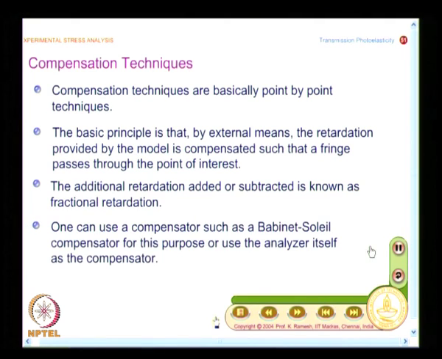The additional retardation added or subtracted is known as fractional retardation, and fractional retardation can have a sign attached, and in many instances how to find out the sign is crucial.